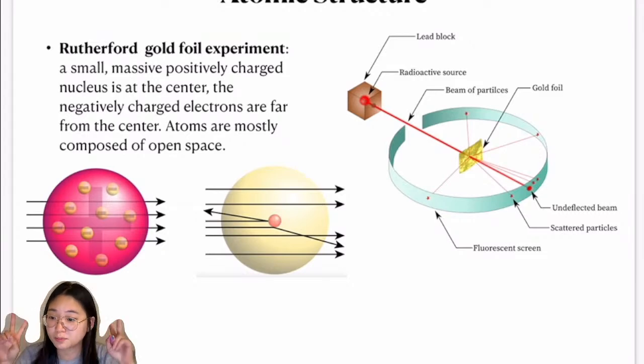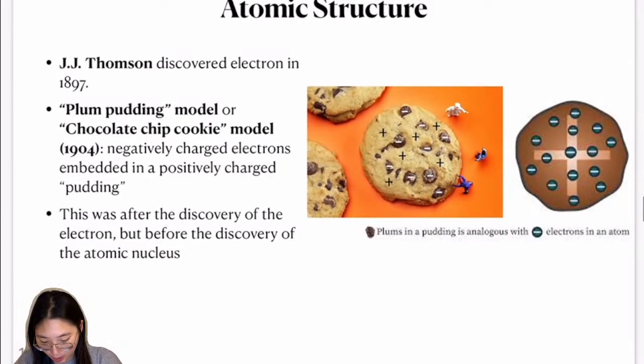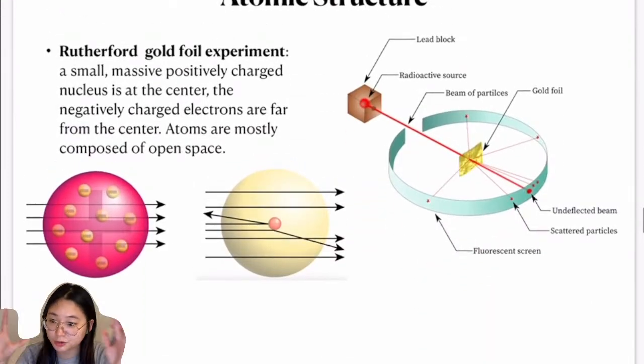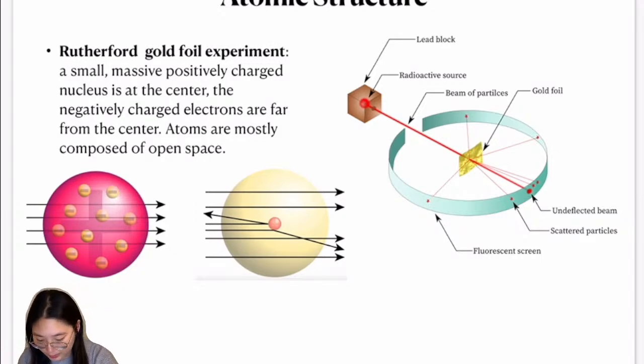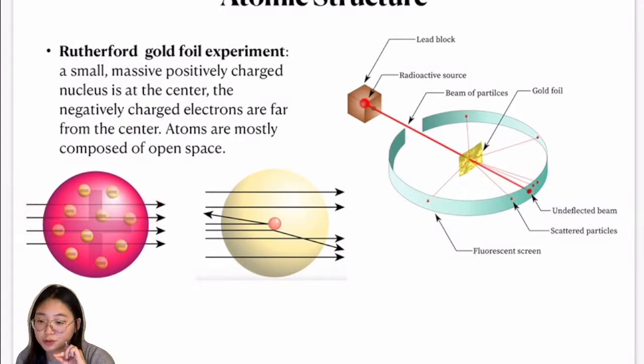So what he expected is, based on J.J. Thomson's plum pudding model, because the electrons are thoroughly arranged inside the atom, all of these radioactive rays should just go through it. They should pass through the atoms directly. So he expected to see all of the rays fall on the other side of the radioactive source.